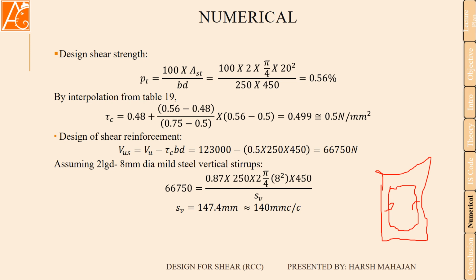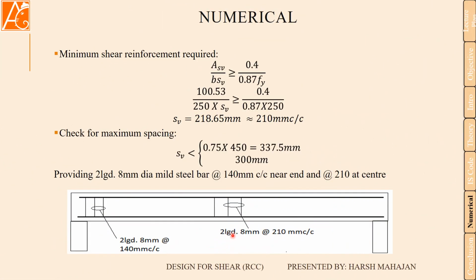This is the spacing. So always remember, during designing shear reinforcement we always focus on spacing. This spacing is at the critical section, which is near the support, but at the center there is a point where the shear stress is 0.